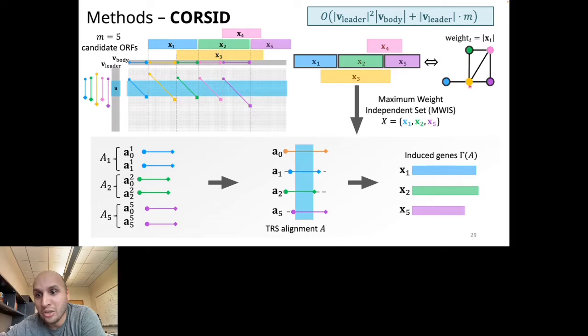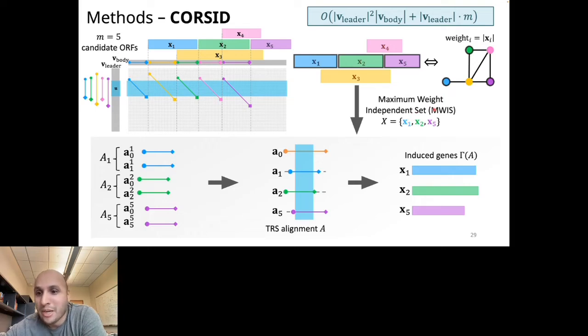Each node in this graph corresponds to a candidate ORF, and the weight of the node is a combination of the gene length, and we use the score of the alignment as a tiebreaker. There's actually a second term that I'm not showing. What we're trying to find is an independent set: a subset of nodes that don't have any edge in common, with maximum total weight. So this is a maximum weight independent set problem.